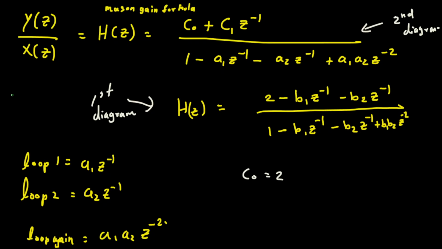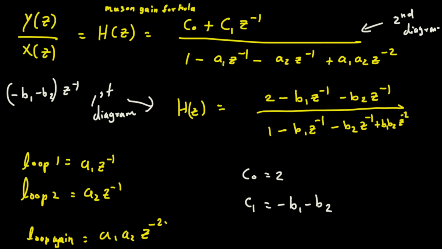We can also write this as minus b1 minus b2 all together times z power minus 1. In that way we know that this is minus b1 minus b2, and that is our c1.